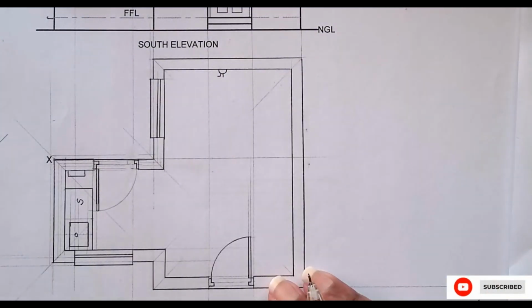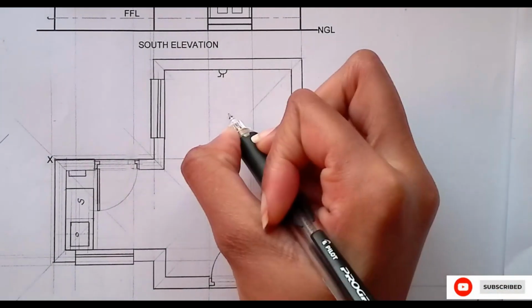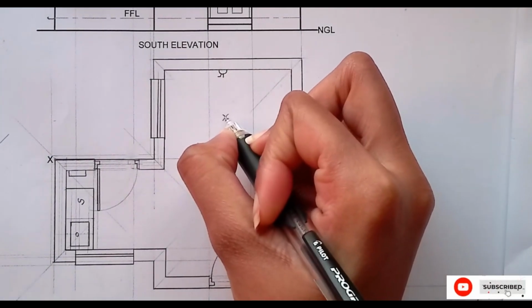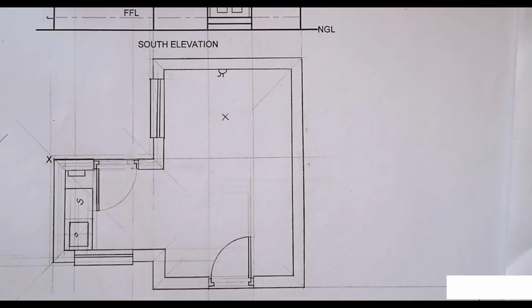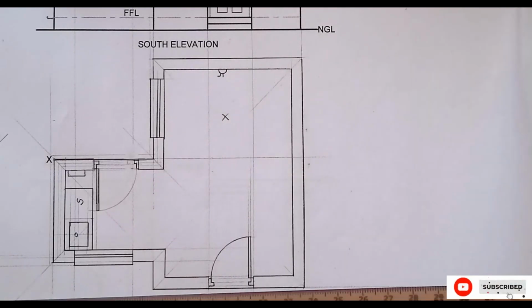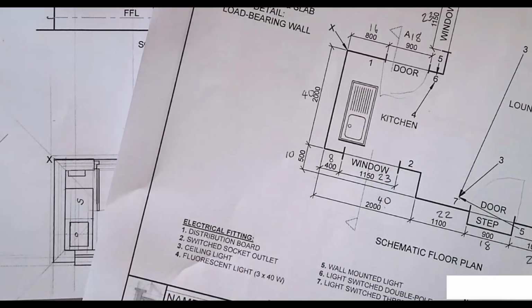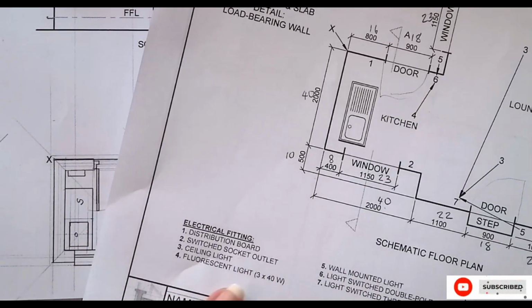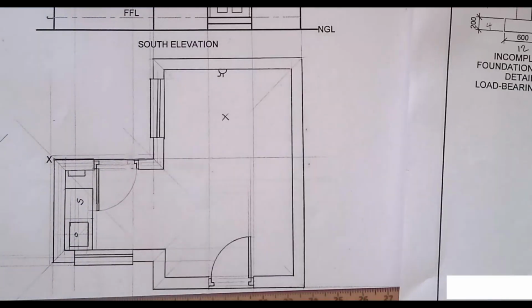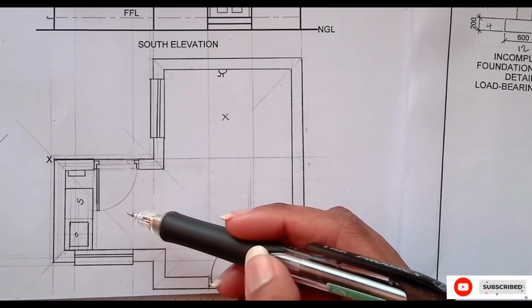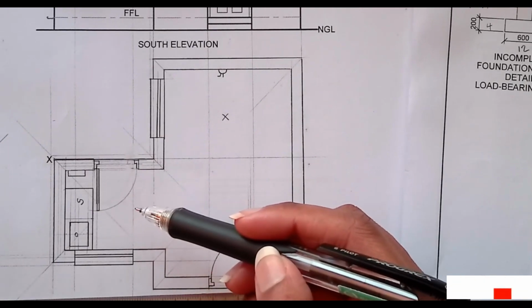There, and then 3 is your ceiling light, which is just the top. 4 is your fluorescent light, and we have indicated that it is 3 times 40 watts. So you need to indicate it there. Here in the kitchen, you need to indicate that fluorescent light bulb.